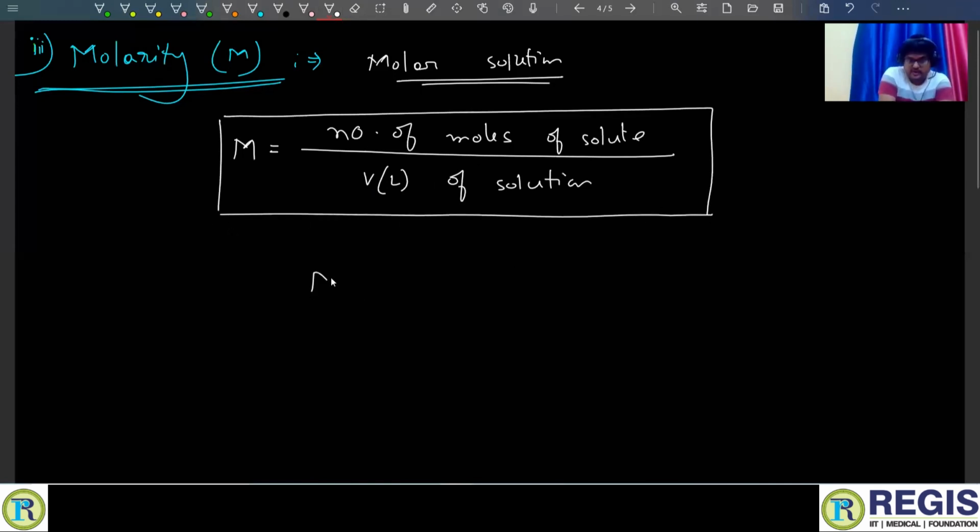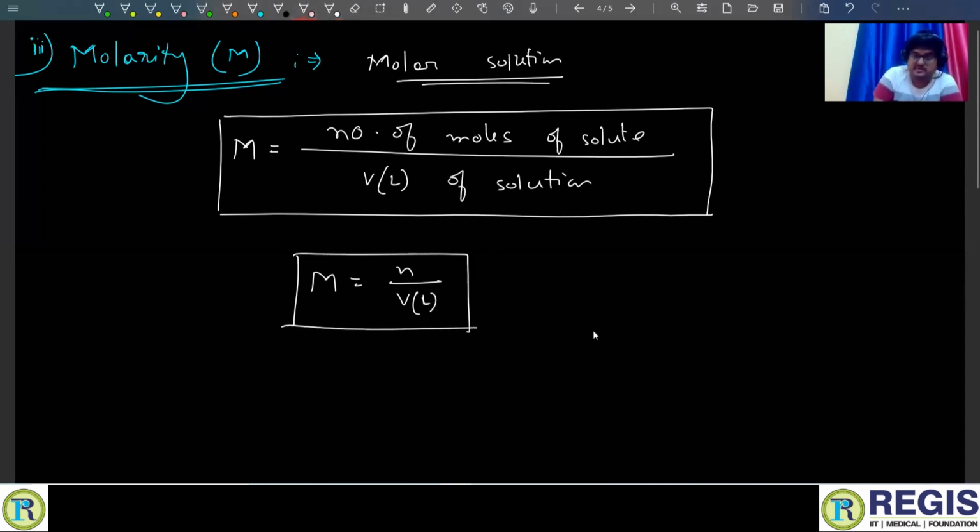So in short, we can write molarity equals number of moles divided by volume in liters. In some cases, suppose a semi-molar solution is given. What is the meaning of semi-molar? Here, molarity equals M by 2, that means 0.5. Is it clear? So always remember this part.